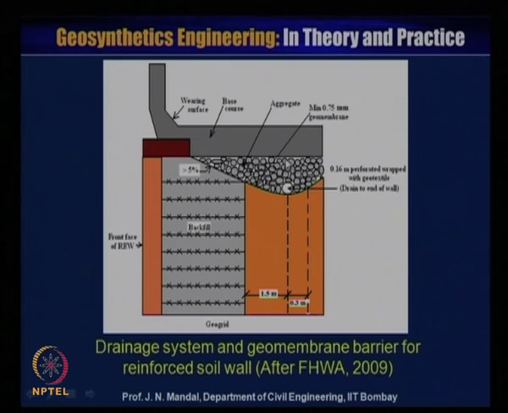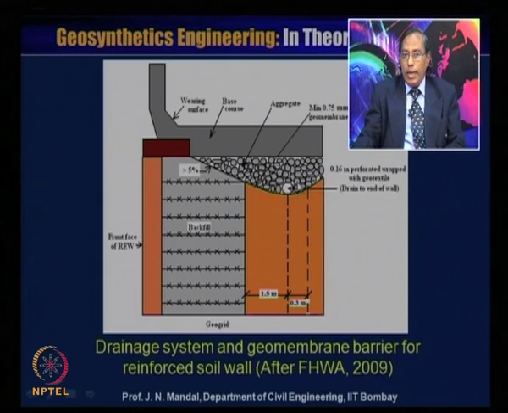Also you can perforate it with the wrapped geotextile material. If you provide an impermeable material, then water cannot percolate through to the reinforced soil wall. So, the geomembrane will act as a barrier, and then the water should be drained out of this wall.